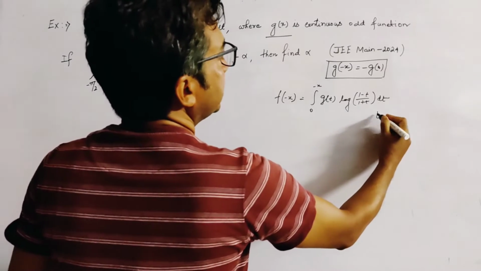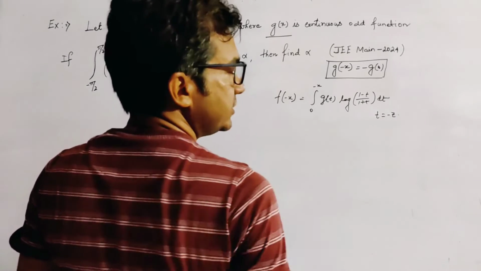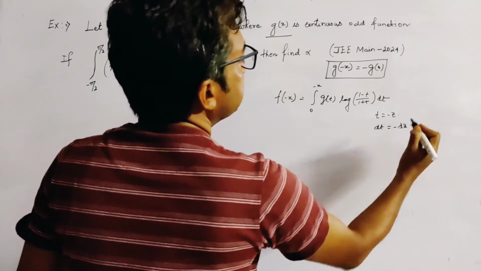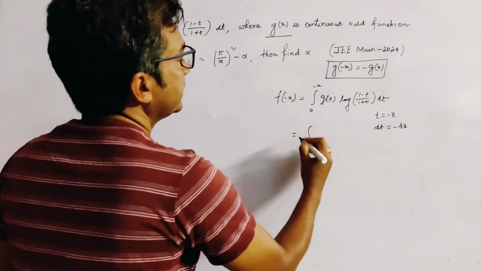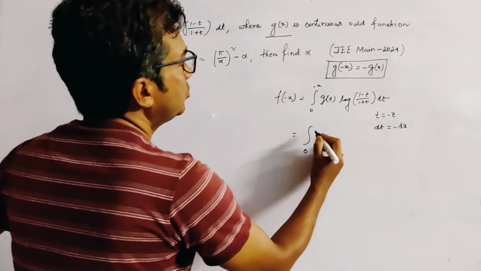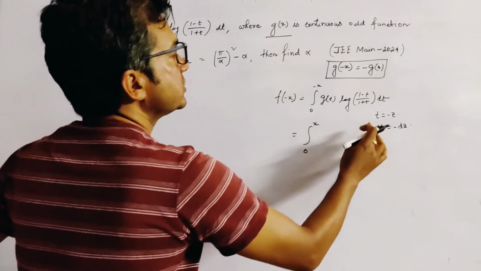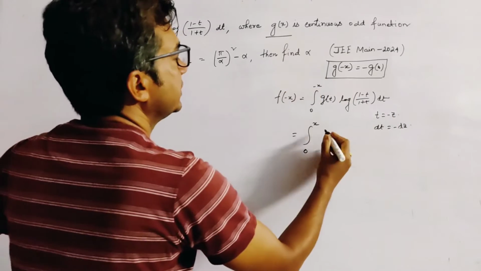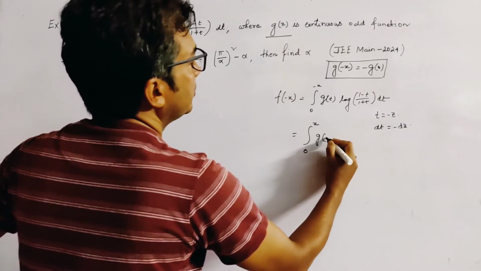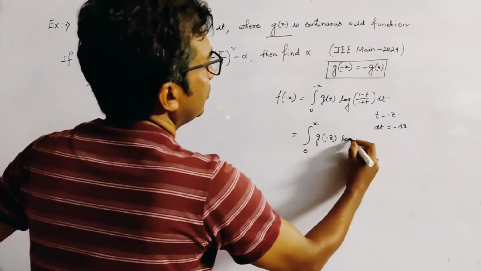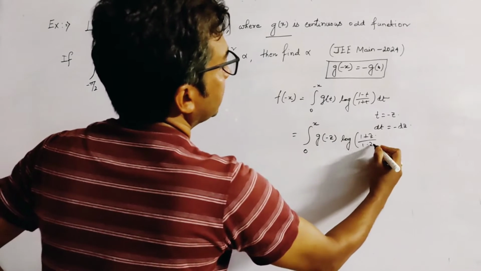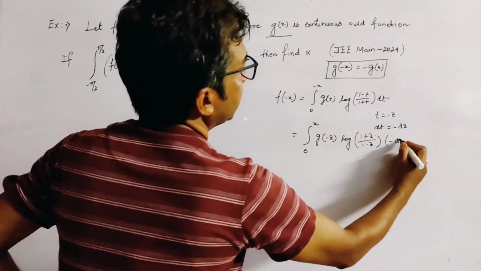Now substituting t equal to minus z, we get dt equal to minus dz, and the integration becomes 0 to x, because if t equals minus x, then z equals x. This is g of minus z log of (1 plus z) by (1 minus z), and this is minus dz.